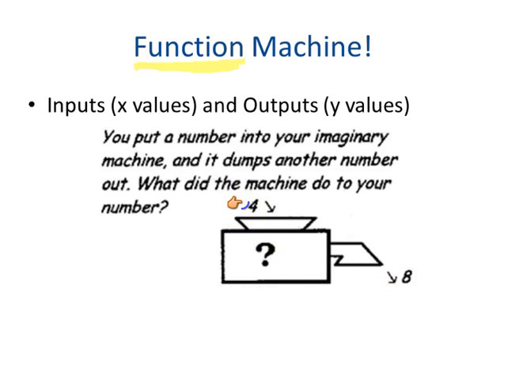You plug in one number, and then you apply that number to an equation, and then you get another number that pops out. So what we put in the machine is always going to be our inputs, our x values. Whatever comes out of the machine is going to be our outputs, or our y values.